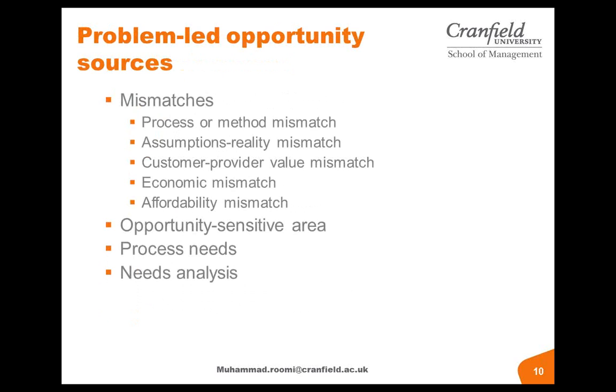So what should be done is that you look at the different needs of people, starting from physiological and going towards self-actualization, and ask yourself, in what way is that need being currently satisfied? Is it being totally satisfied? How can that need be satisfied in other better ways? How many different ways can you devise to satisfy that particular need? And all those ways can then generate opportunities for you.